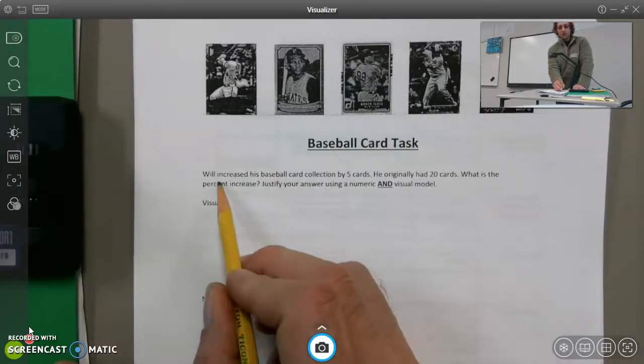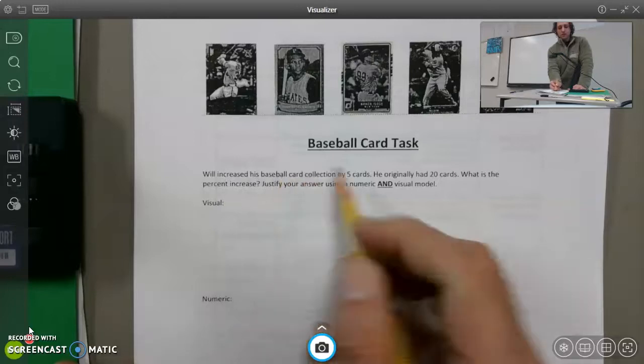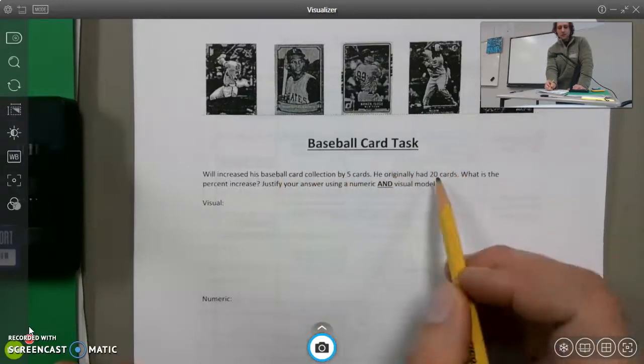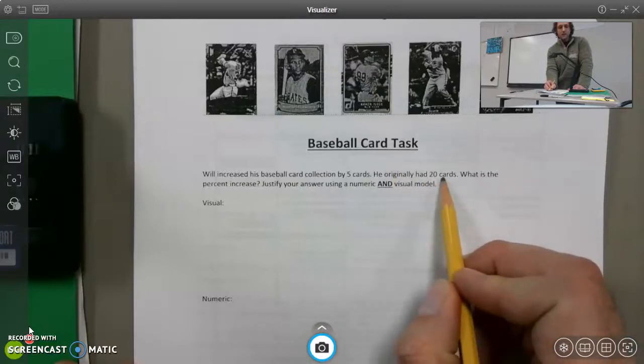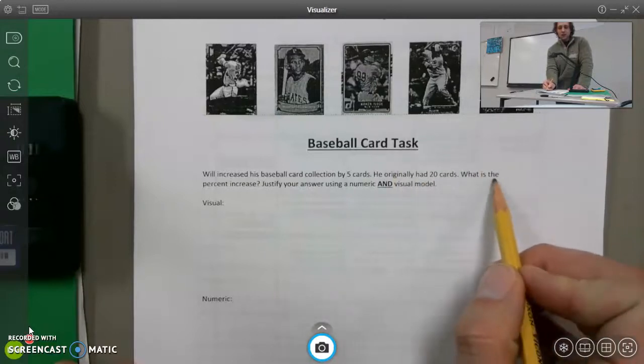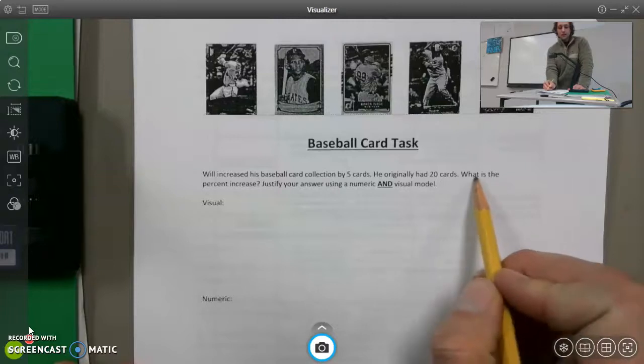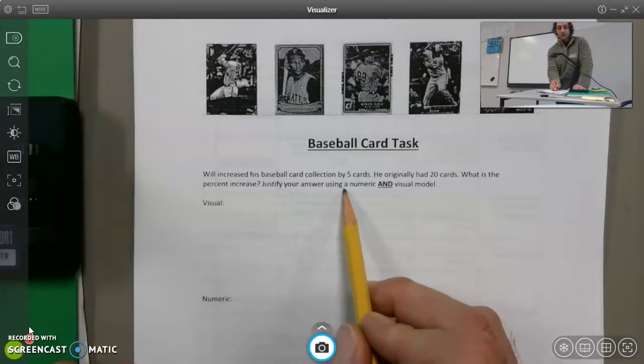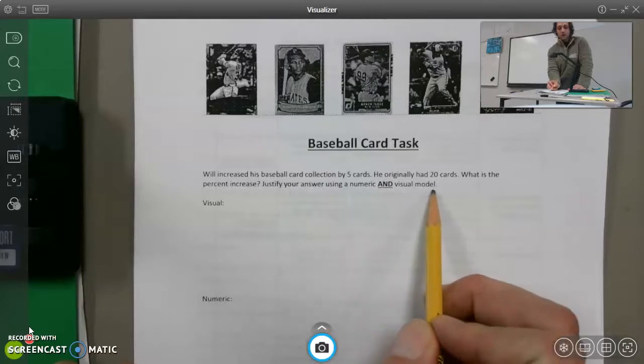The problem says Will increased his baseball card collection by 5 cards. He originally had 20 cards. What is the percent increase? Justify your answer using a numeric and visual model.